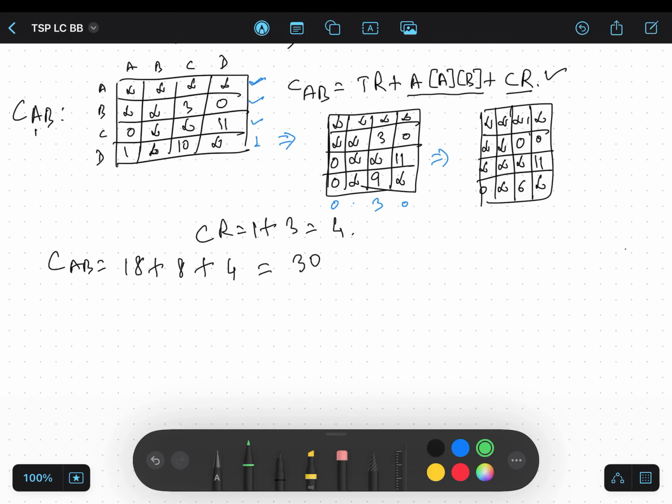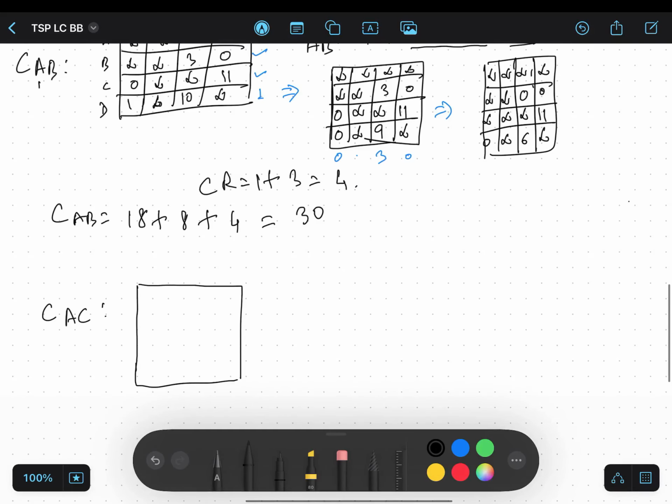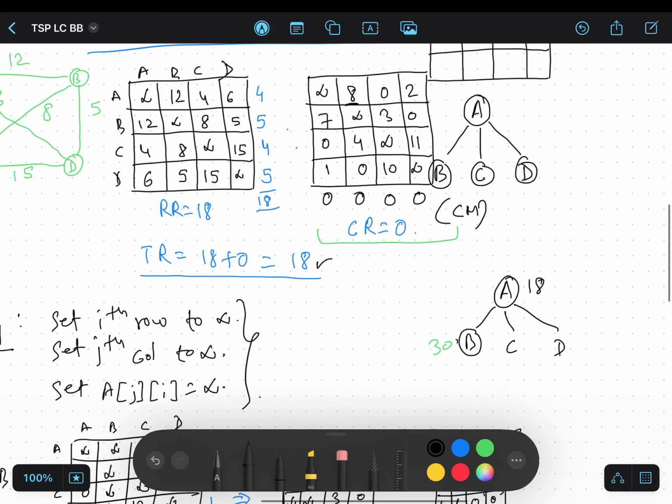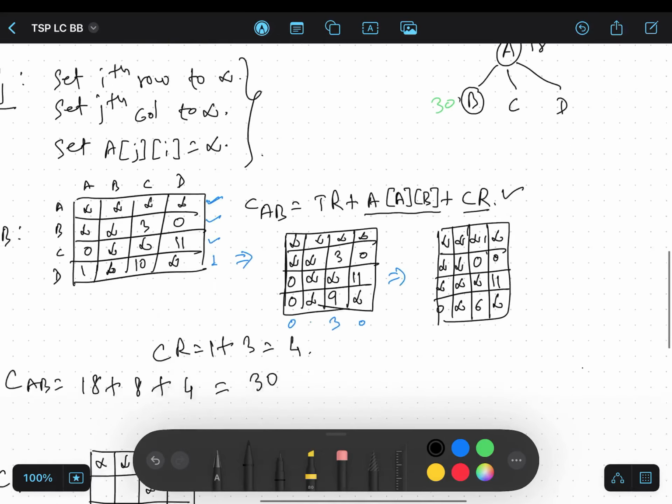Similarly, we are going to calculate CAC. Remember, we are still working with our current matrix. So Ath row and Cth column and index at C and A, all these need to be set to infinity, and then the rest of the values are going to come from our current matrix.